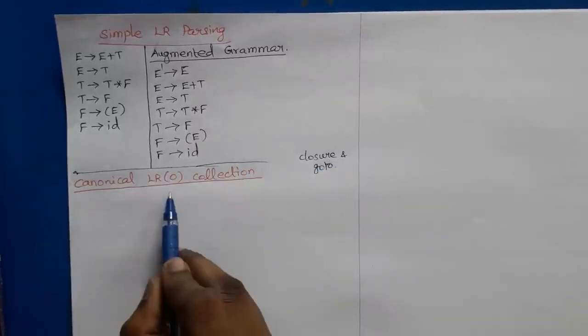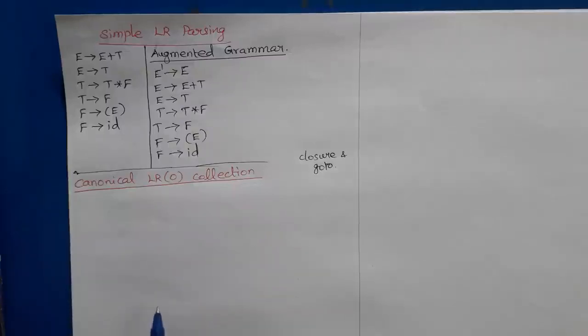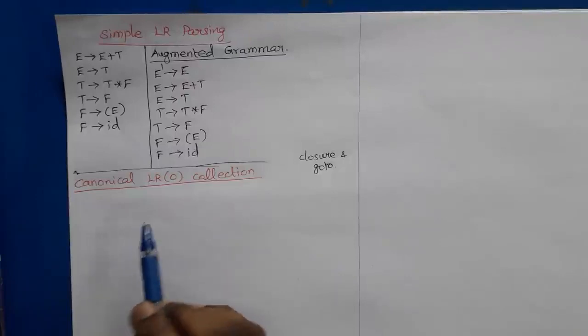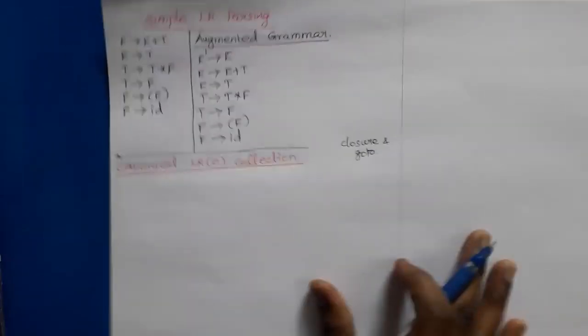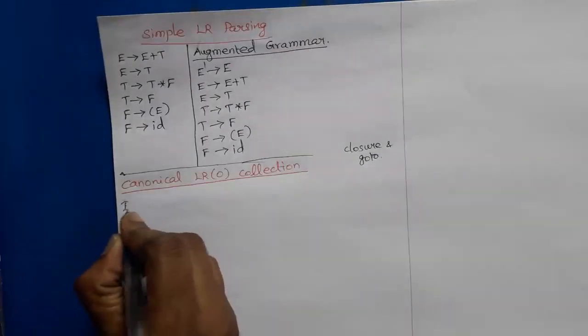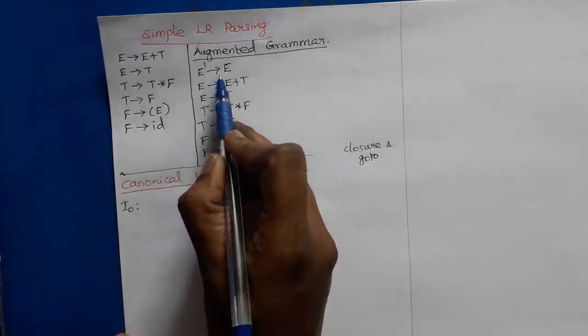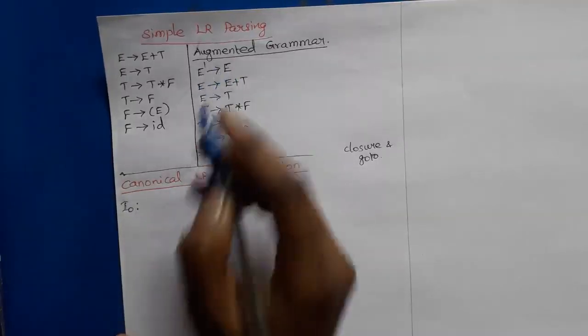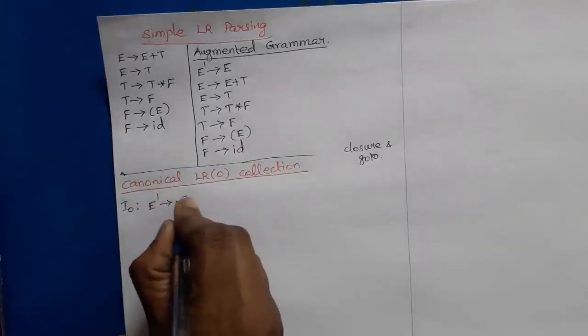The canonical LR(0) collection is a set of items I0 to In, and each item has a set of productions with a dot at some position in the right hand side. Initially we need to construct I0. First we take the first production from the augmented grammar with the dot at the left end of the right hand side of the production.